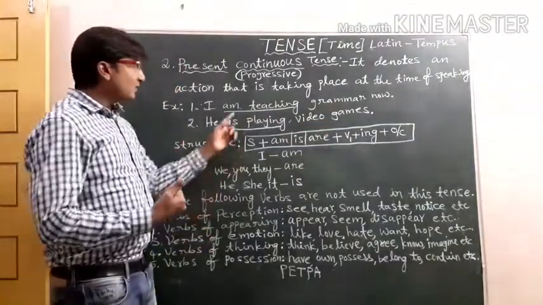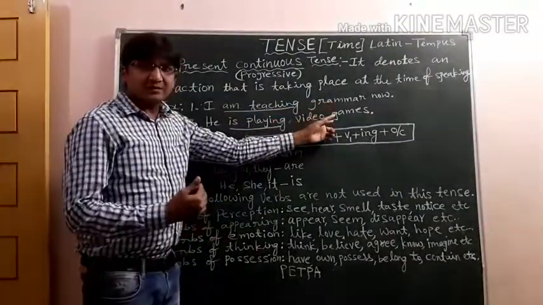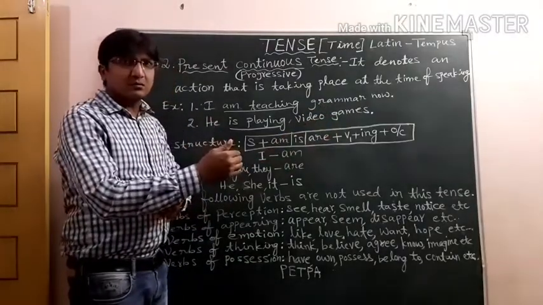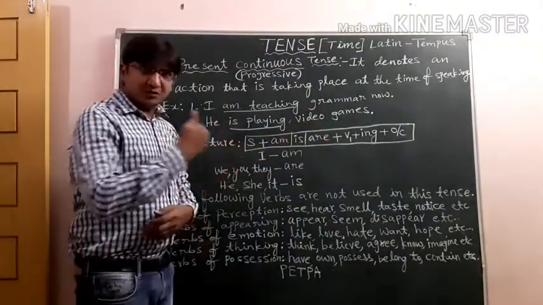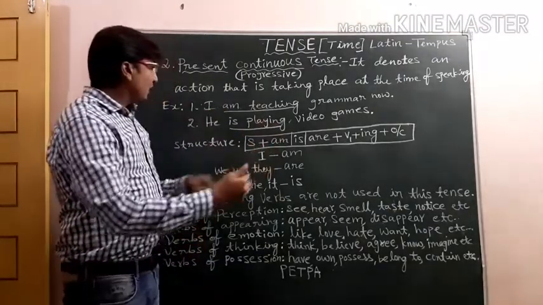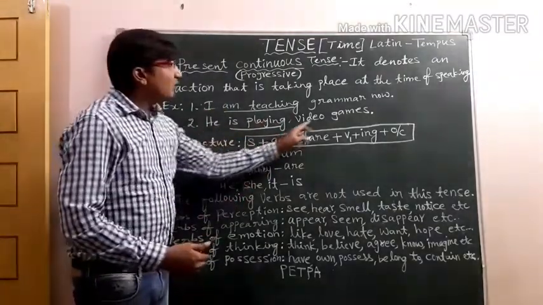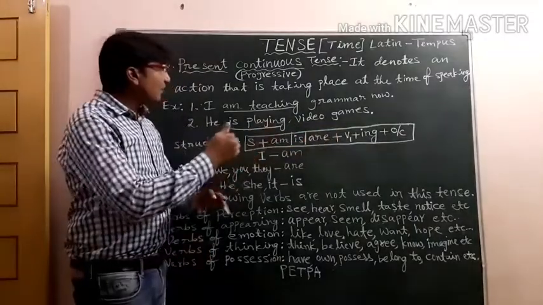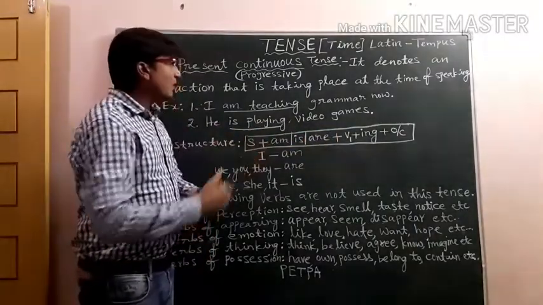If I say I am teaching grammar now, here the action is going on. At present, I am teaching. The action is going on. It's happening. And even he is playing video games, here also the action is going on.